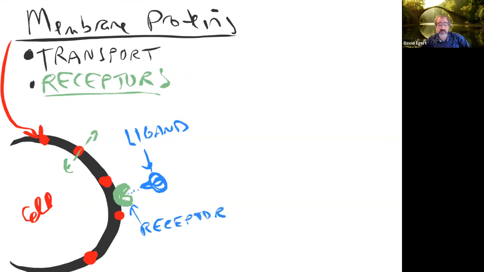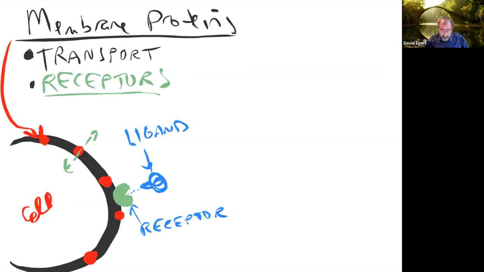You know, this is related. Remember we talked about the ligand-gated channels? Those are channels that have kind of built-in receptors. But we're going to see that the receptors are often not connected to a channel.